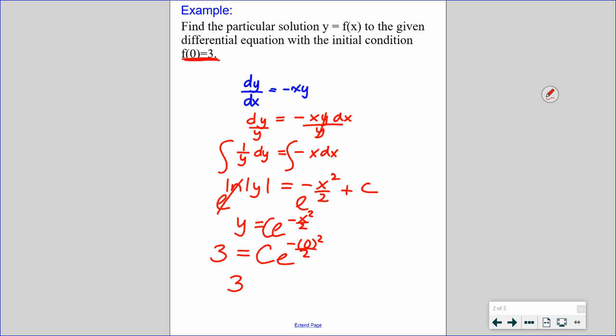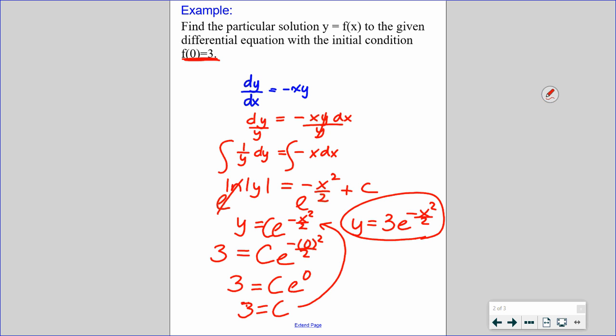So we get 3 equals c times e to the 0 power. Remember, e to the 0 power equals 1, and c times 1 is just c. So we end up with 3 equaling c. Then all we have to do is go back up to where we solved for y and replace the c with 3, and now we'll have our particular solution to that differential equation.